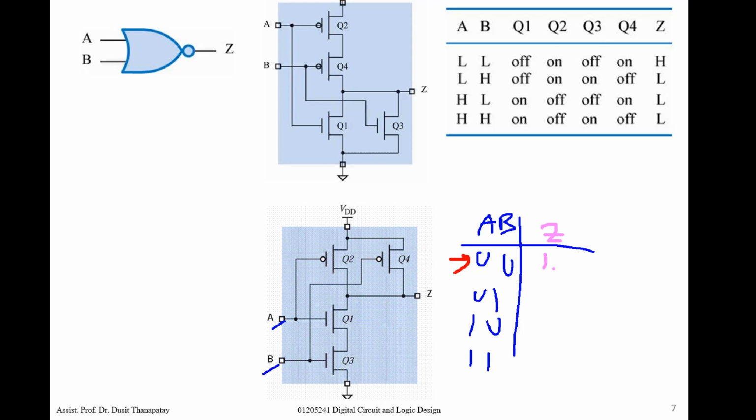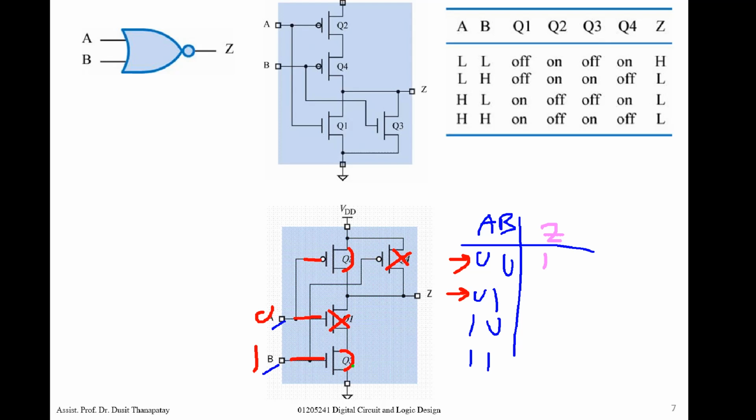Output Z becomes logic high, or 1. And if I apply 0 1, 0 here, 1 here, this one turns on because of active low here, and 1 here, this one turns off. This one is active high, but you apply low, so this one is off. This one is on.